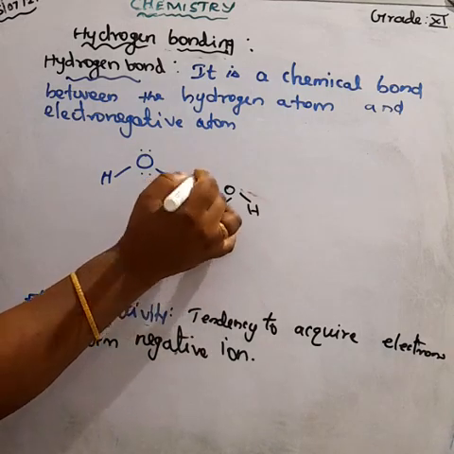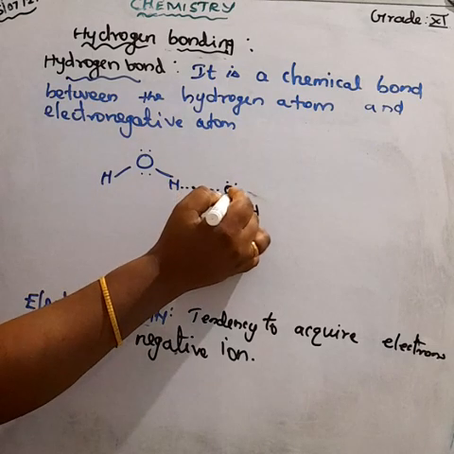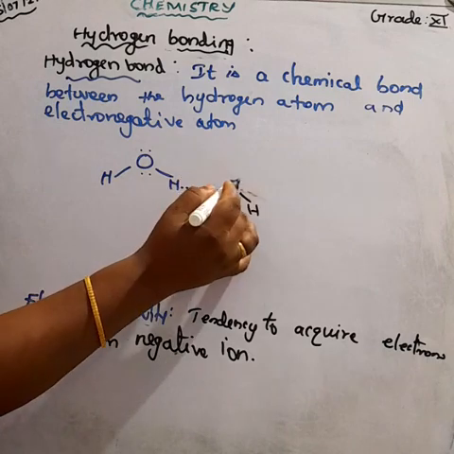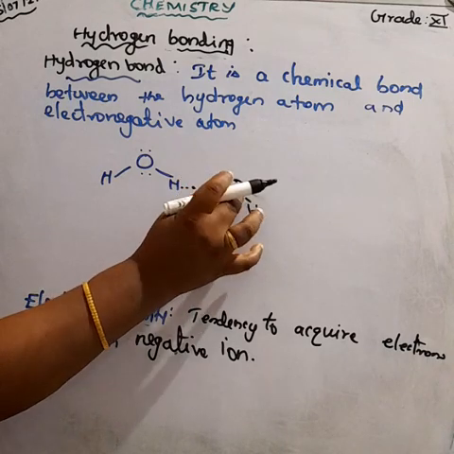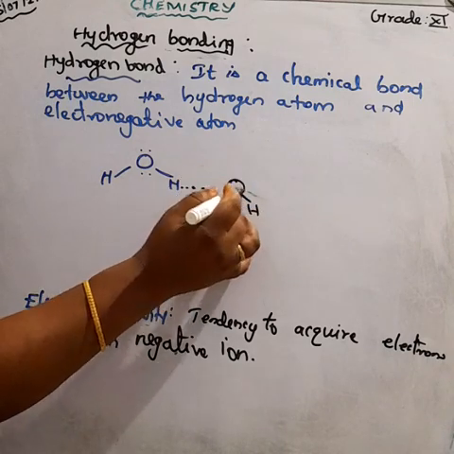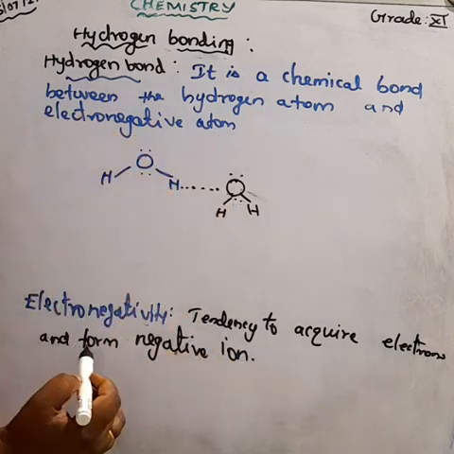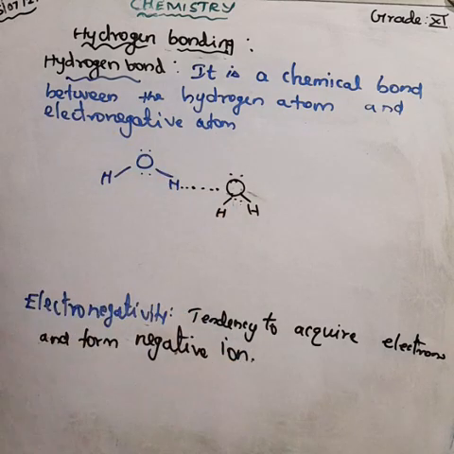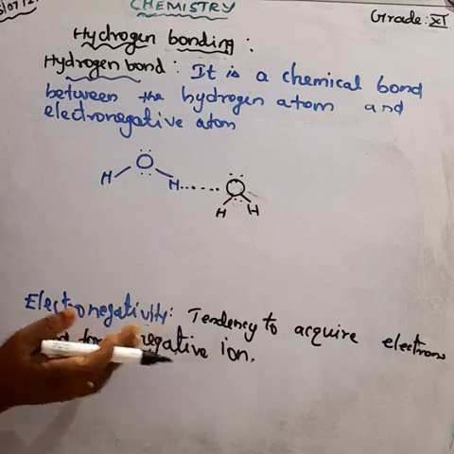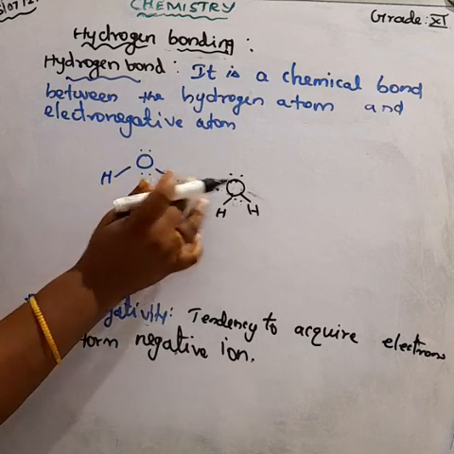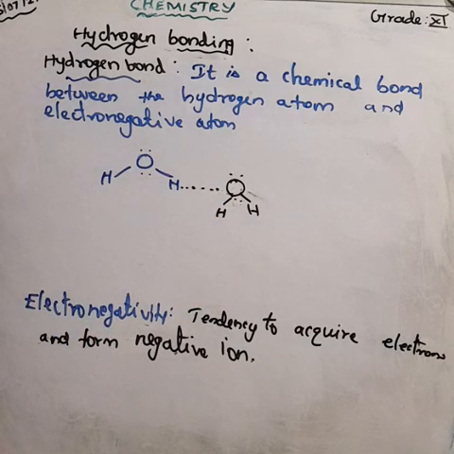Here oxygen is one of the electronegative atoms. What do you mean by electronegative atom? Electronegative means the tendency to acquire electrons and form a negative ion. When it attracts the electron from the hydrogen, it becomes a negative ion. This is called a hydrogen bond.